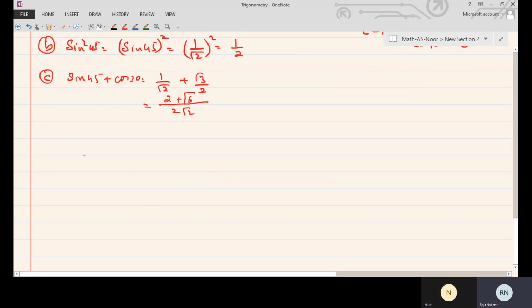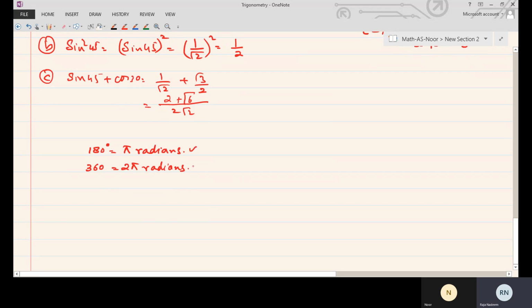In circular measure, we have learned that 180 degrees is equal to pi radians, right? Okay, so if we multiply this equation with 2, we will get 360 is equal to 2 pi radians.